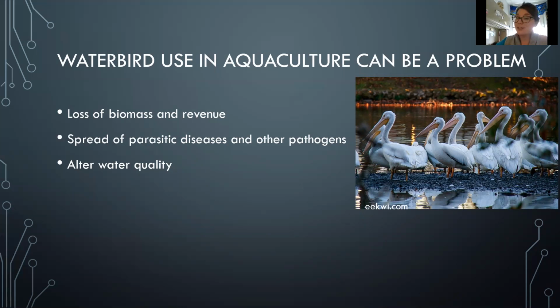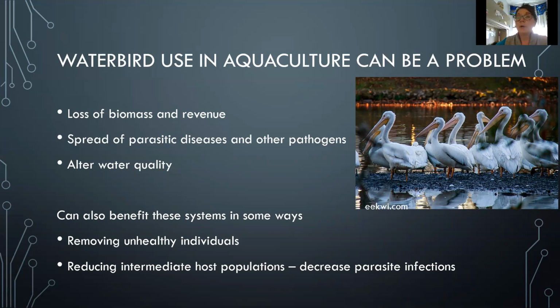We understand ecologically that predators foraging on prey populations in many cases remove weaker or sick individuals from those prey populations, and that's likely happening within these fish ponds as well. And then not all of the birds that are visiting the aquaculture facilities are consuming the fish themselves.